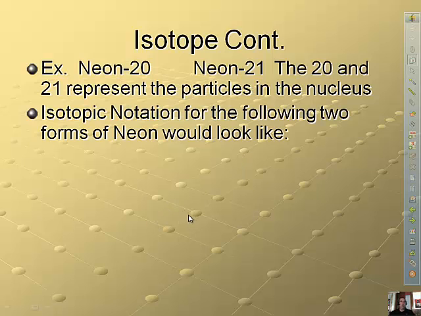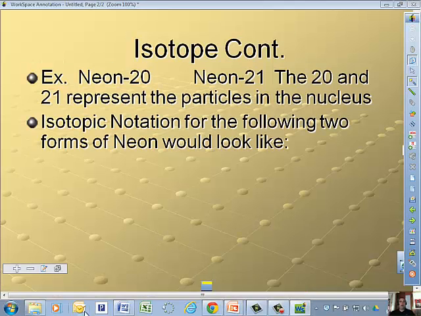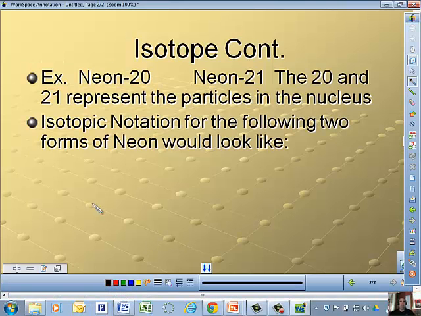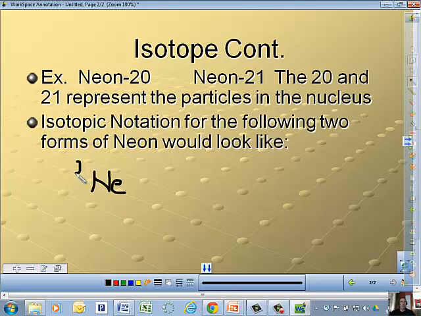Now, when we look at isotopic notation, what is specific about it is this. First, we represent each by its symbol. Then you put the nuclide that we're talking about, so for example, number 20 is going to go there.